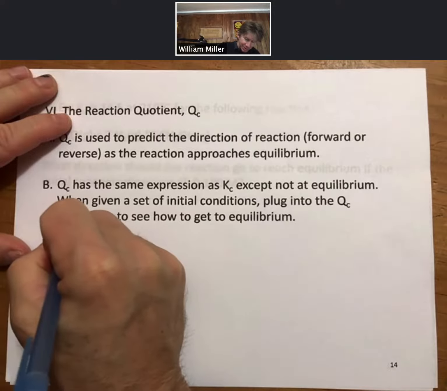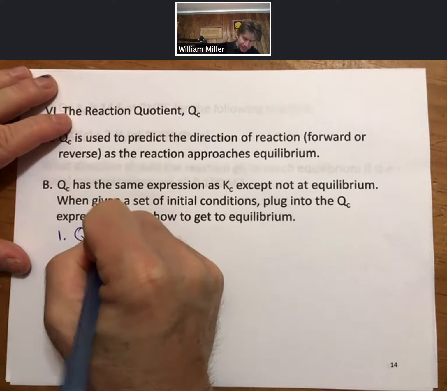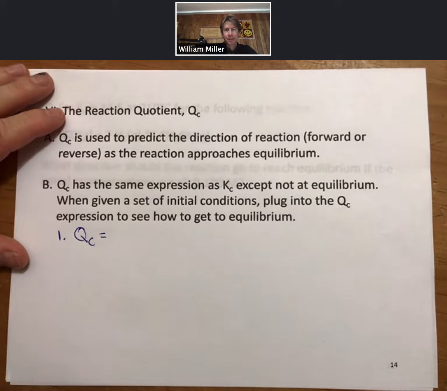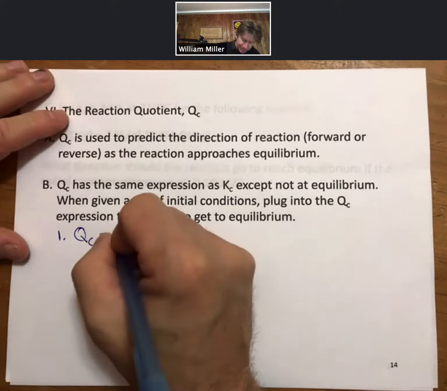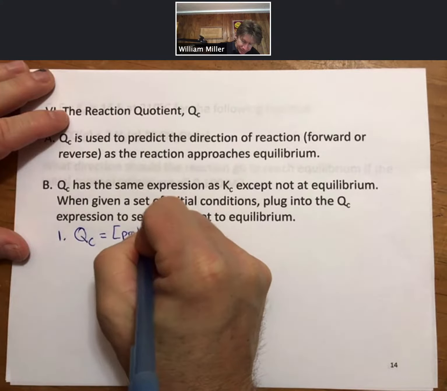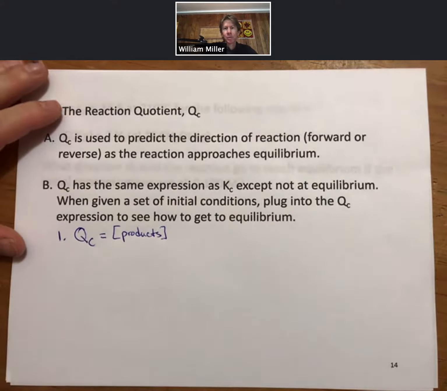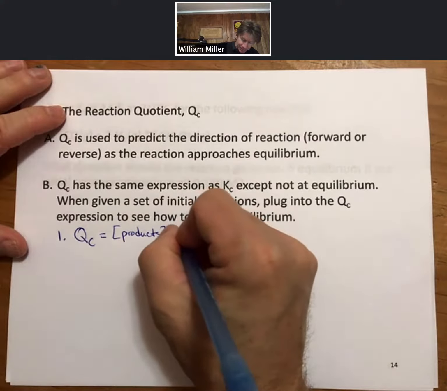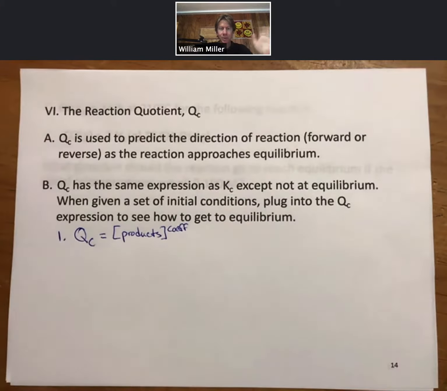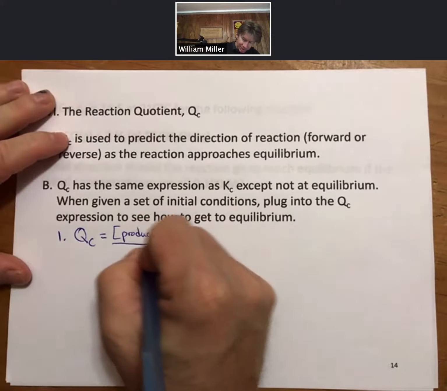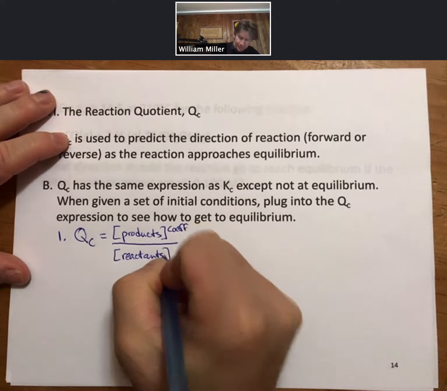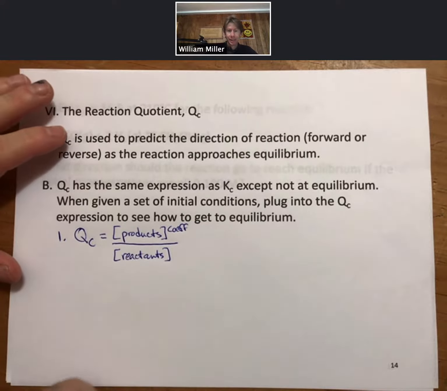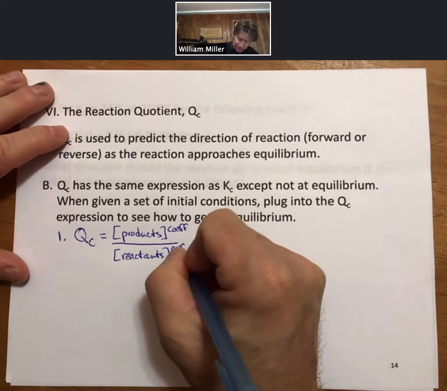So QC equals the exact same expression as KC, meaning products raised to coefficients, still not putting in any solids or liquids, only aqueous and gas phase species, so all the same rules apply, over reactants divided by coefficients.